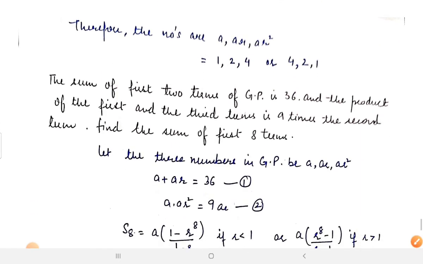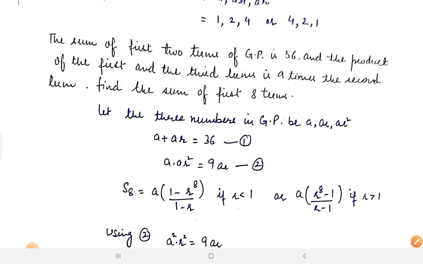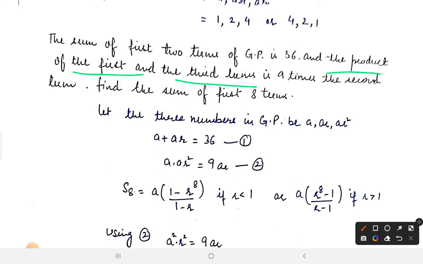The sum of first two terms of a GP is 36 and the product of first and the third term is 9 times the second term. Find the sum of 8 terms. So we want to find S8, sum of 8 terms.